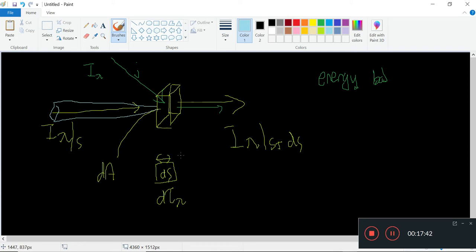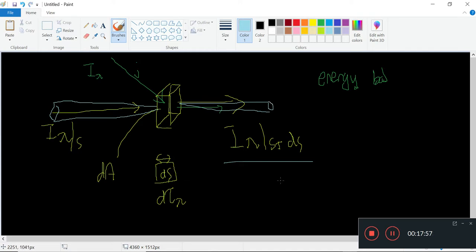Likewise for the rays exiting, I'm only considering this small pencil of rays in this direction.